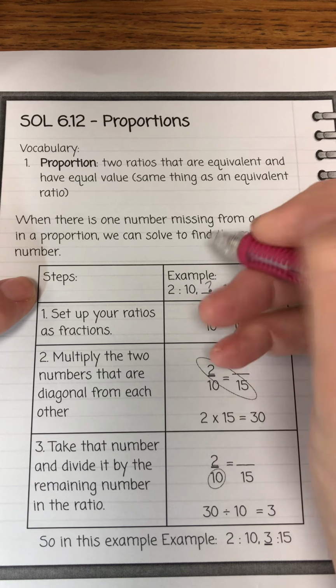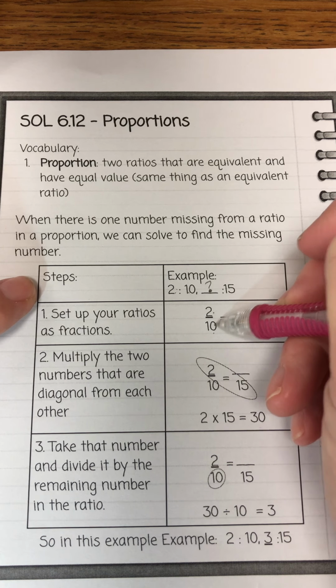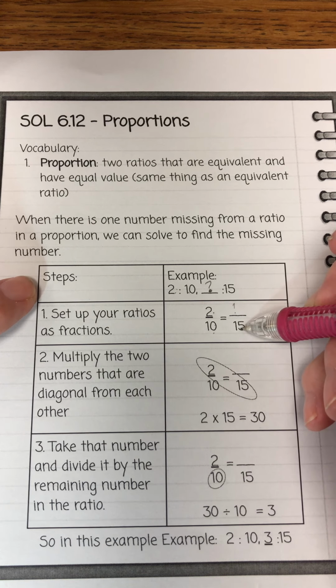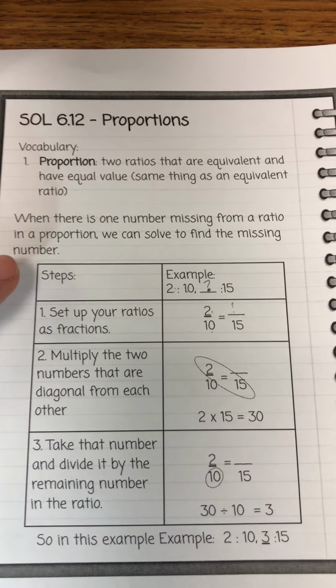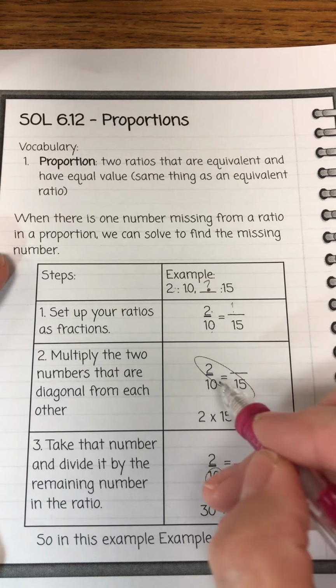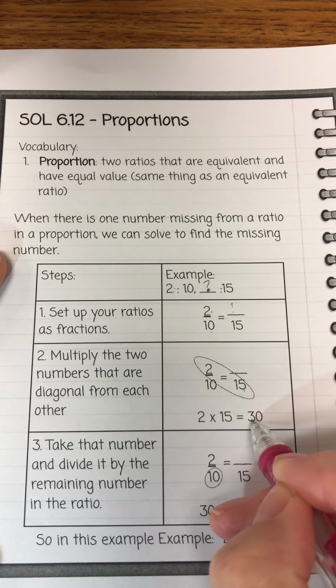Notice how we took 2 to 10 and made it 2/10, and then you have the question mark and then 15. So now that we've got them set up into fractions, we're going to multiply diagonally. So we have 2 times 15, that's 30.